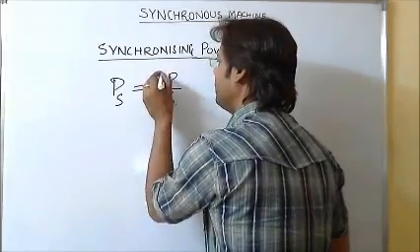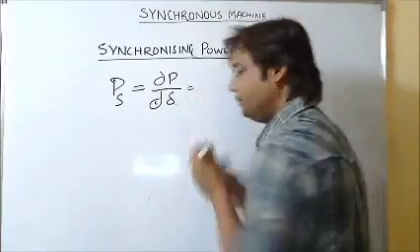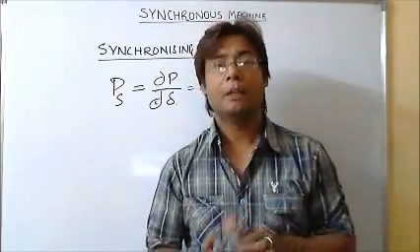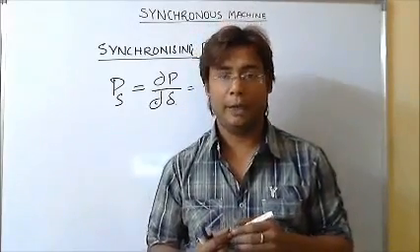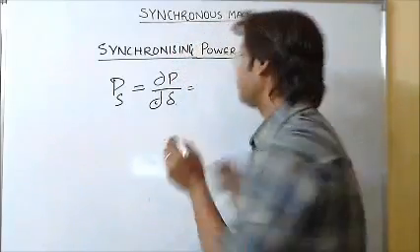You can write this as 3 into Ef into V upon Xs into cos δ.